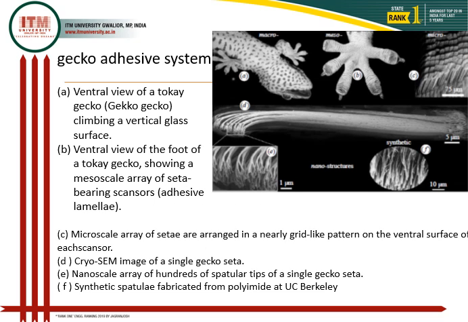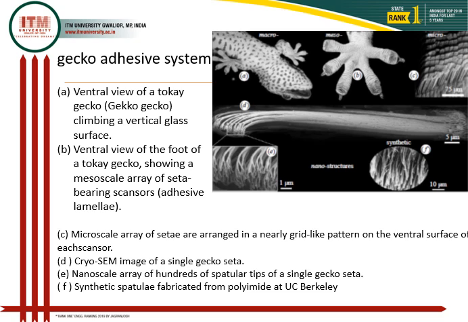We can understand this behavior by this picture. The structural hierarchy of the gecko adhesive system is shown here. The ventral view of a gecko climbing a vertical glass surface is shown in figure A. And now just zoom out.